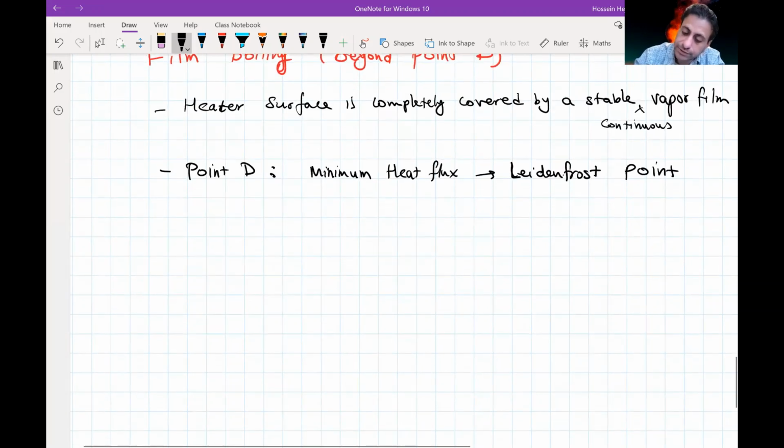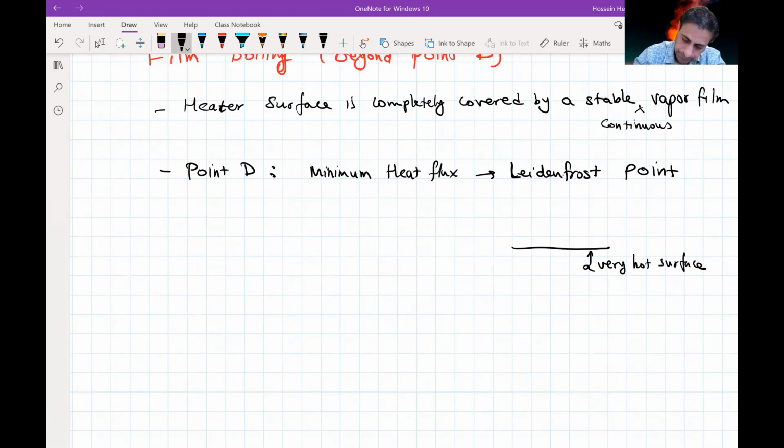The Leidenfrost point phenomenon was discovered by Leidenfrost: if you have a very hot surface and there is a liquid here, it starts just jumping around till it's getting smaller and getting evaporated.